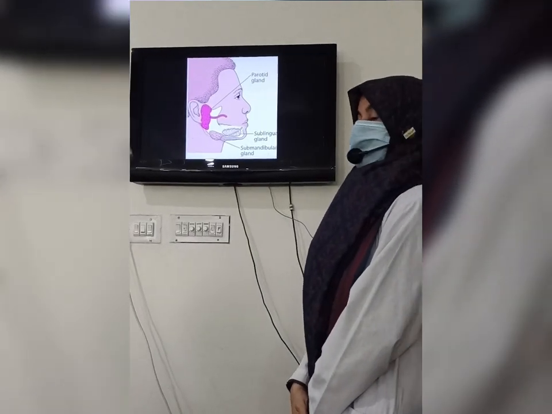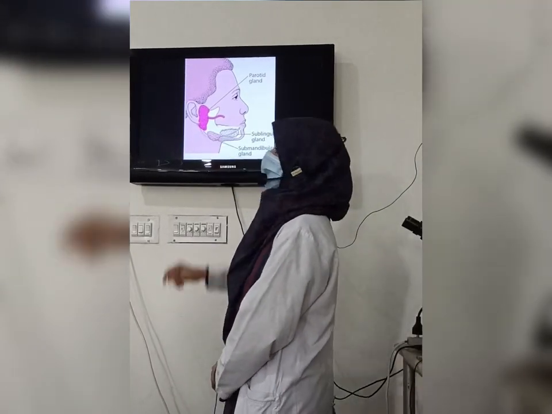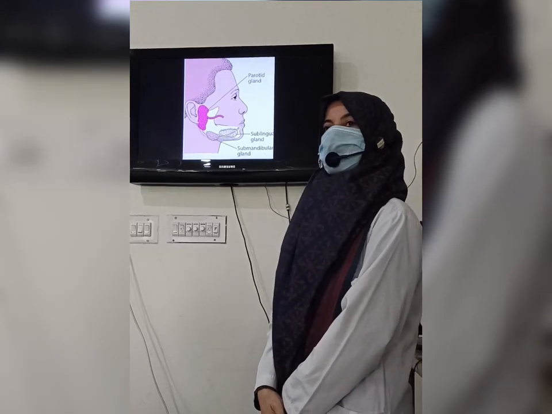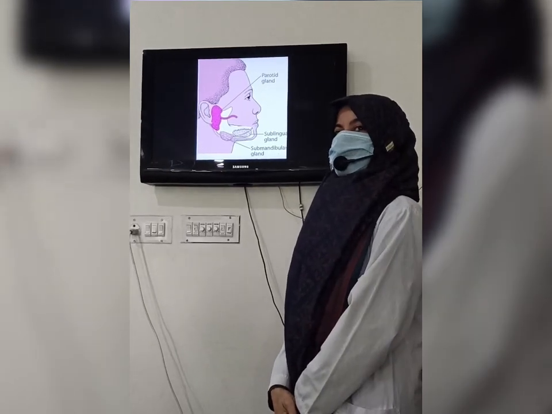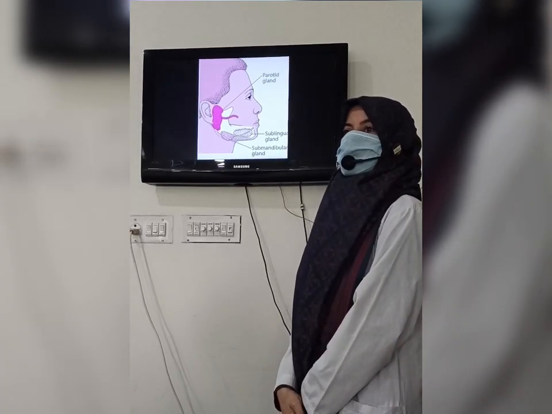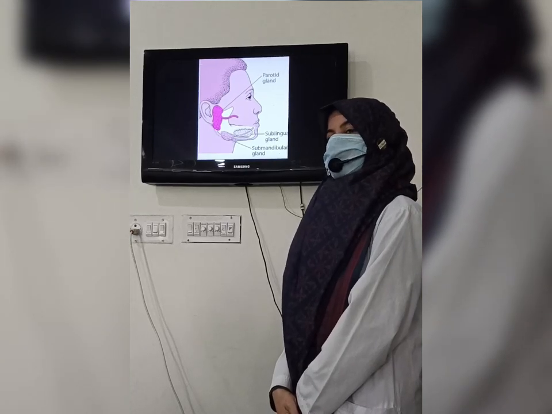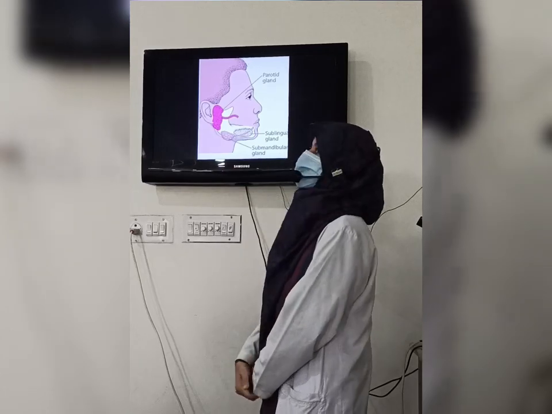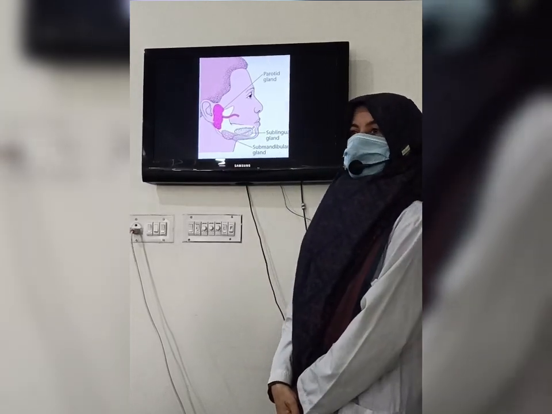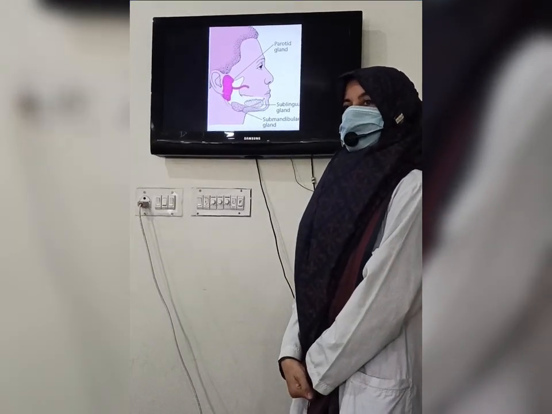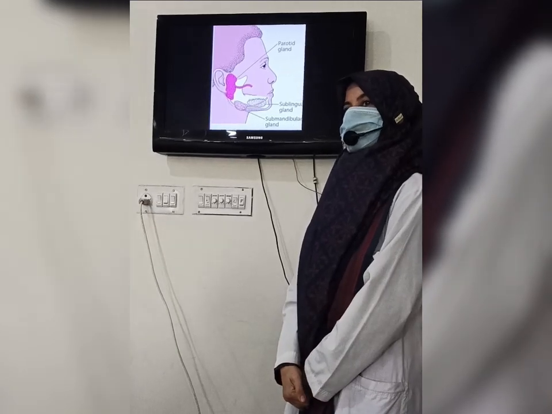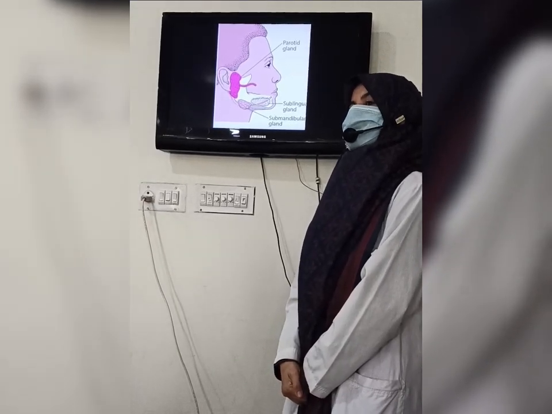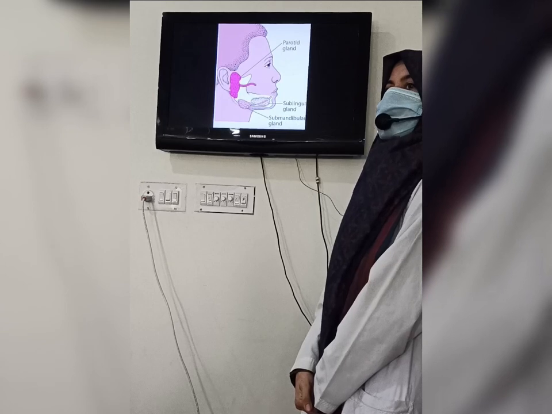Your submandibular, present along the angle of the mandible, again bilaterally, is supposed to produce 60% of the saliva, right? That makes 90. Now there is another gland, the sublingual, below your tongue, again bilateral, supposed to produce 5 to 7%. So where does the rest, a few percent, come from?